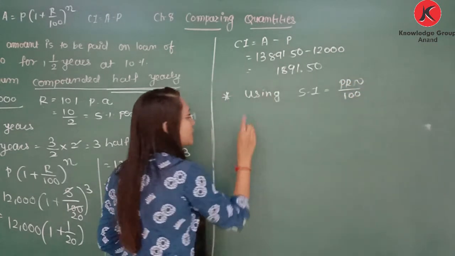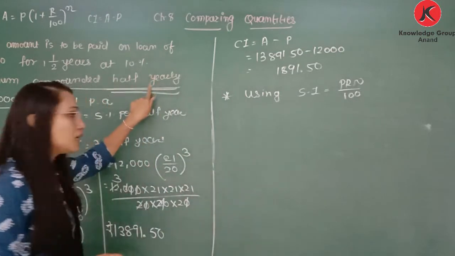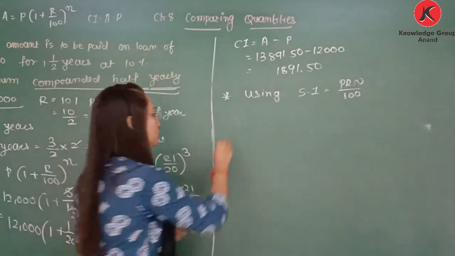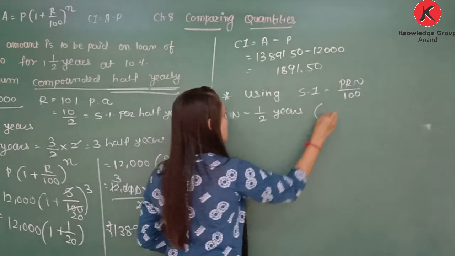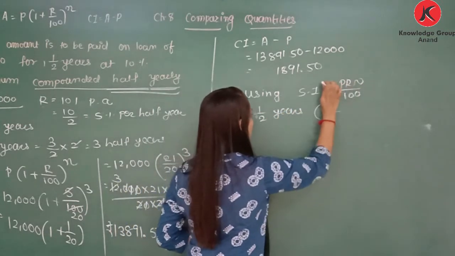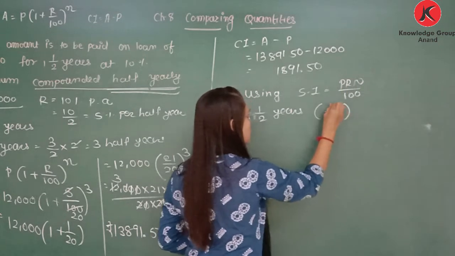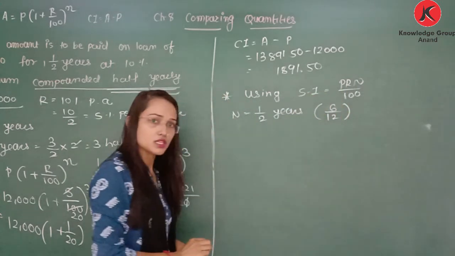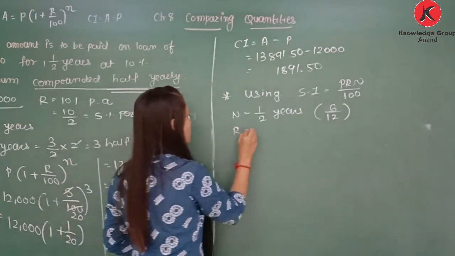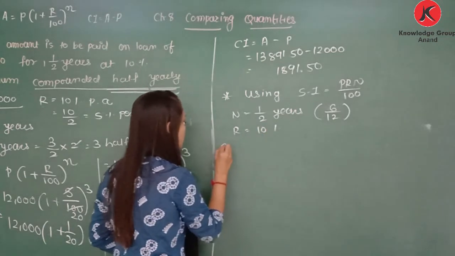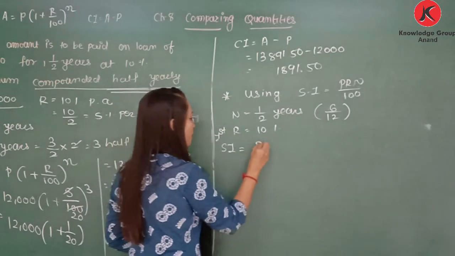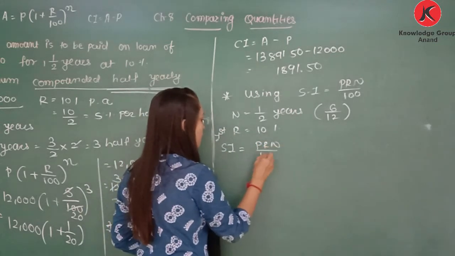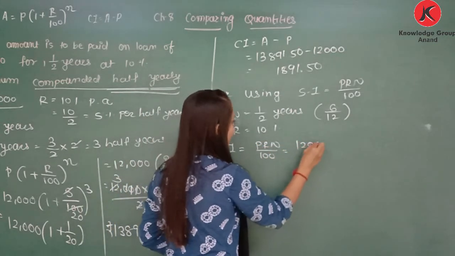So here we are calculating for a half year, then our n will be half year. Or you can say it is 6/12. So from 12 months we are considering 6 months. And the rate of interest is 10%. So for the first half year, PRN divided by 100, our principal value is 12,000.